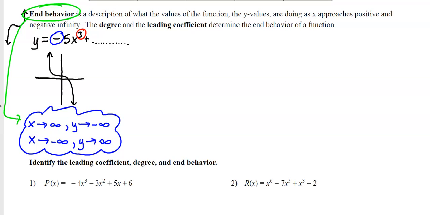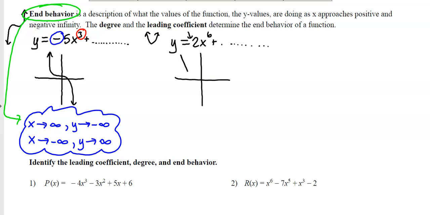So let's try another one. Come over here. We'll do y equals 2x to the 6th plus, who cares? This doesn't even matter. All the rest of the terms don't matter. And so if I'm looking at this one, I'm like, all right, x to the 6th, it's kind of like x squared, but there's some extra squiggles in there. And I know that y equals x squared goes up. And since this number in front is positive, I know it's still going to look kind of like x squared.